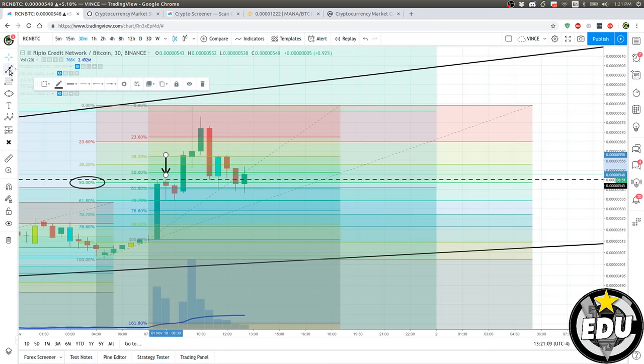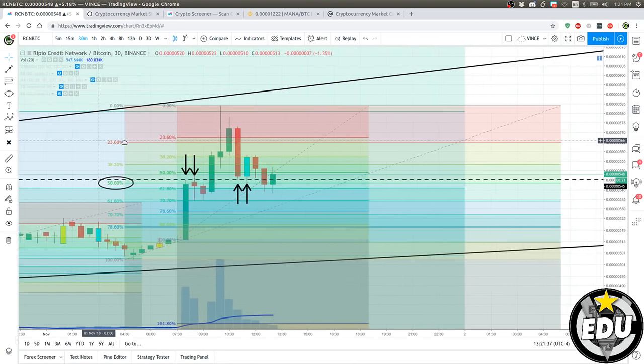One here that stopped there, and another one that stopped there, kind of bouncing on that line that I trace. Then there is one that closed there, and another one that closed above. So I would have put a buy order here and a stop loss just below, and yes, probably I would have gotten stopped out.